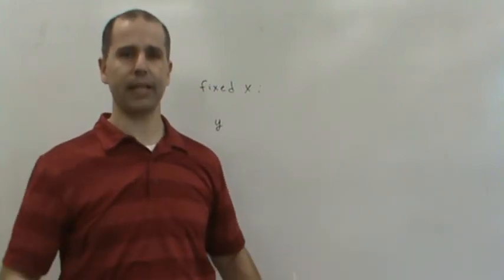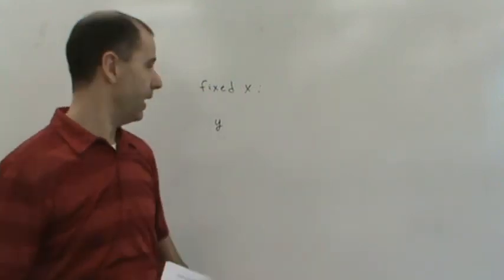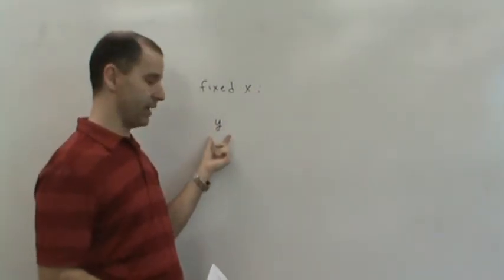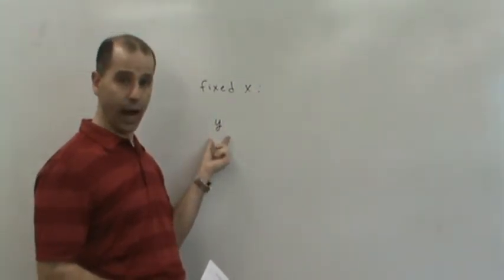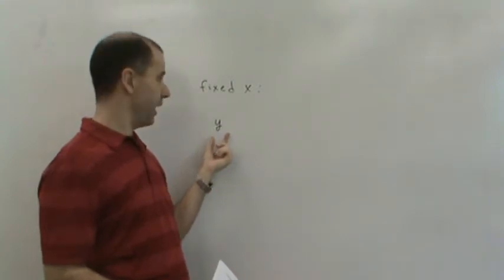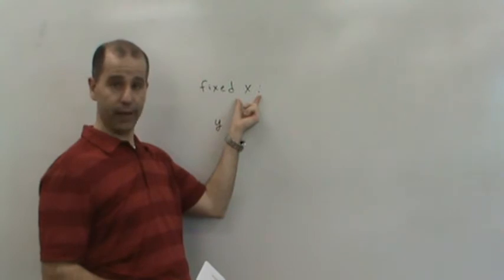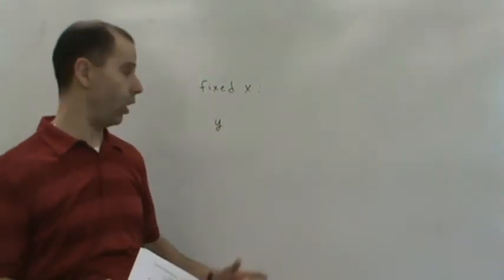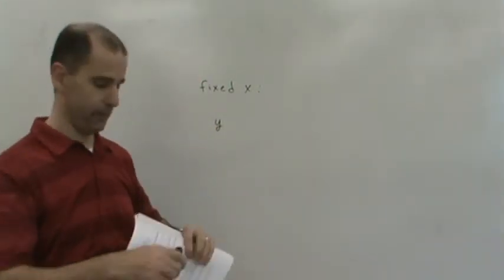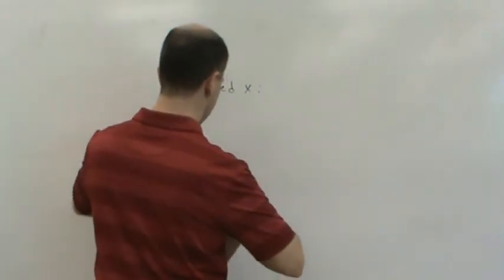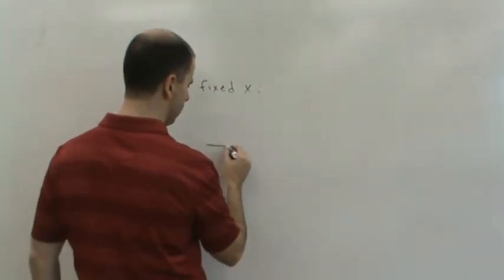The more samples I take of the same size, and I look up this value of x and ask what's the corresponding value of y, I'm going to get a bunch of values of y for this fixed value of x. Well, the assumption is that all of these values of y are going to be normally distributed.